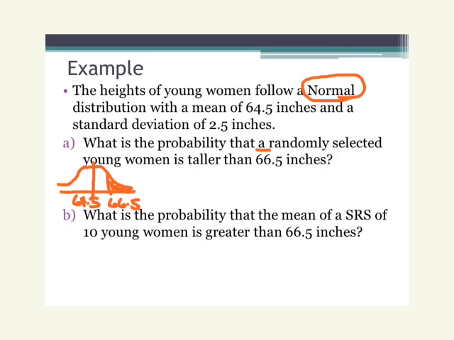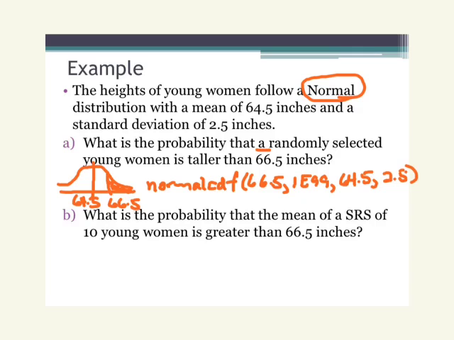Once I have that drawn, now I can use my normal CDF. My lower bound would be 66.5. My upper bound is 1E99 since I'm shaded all the way to the right. My mean is 64.5, and my standard deviation is 2.5.